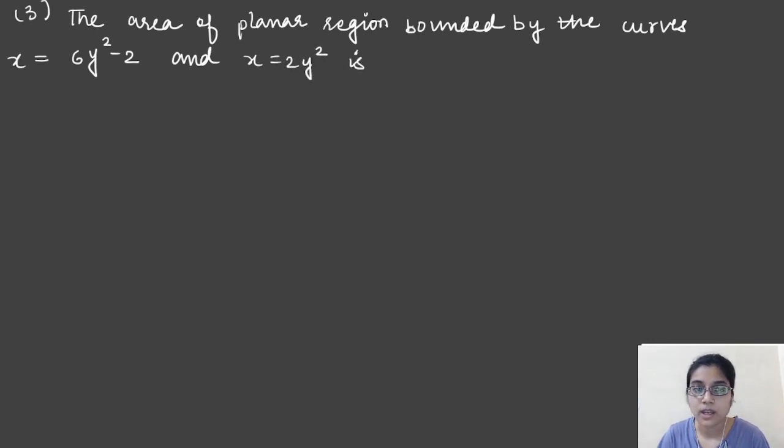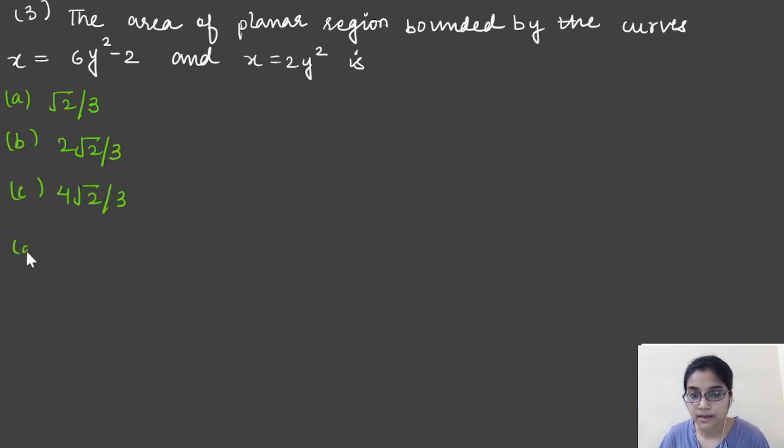Okay, and the options are also given to you: root 2 by 3, then you have 2 root 2 by 3, C option you have 4 root 2 by 3, and D option you have root 2. And for your kind information, this question is from the question paper 2015.